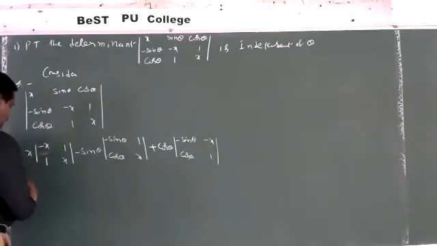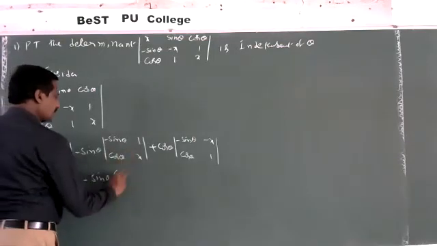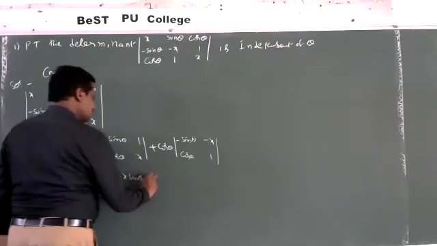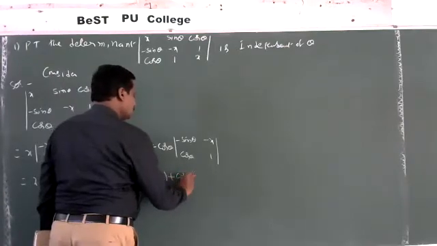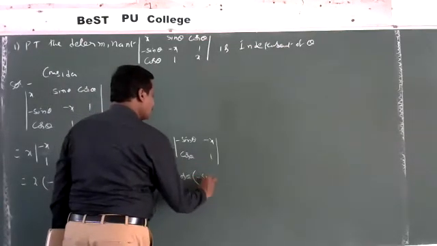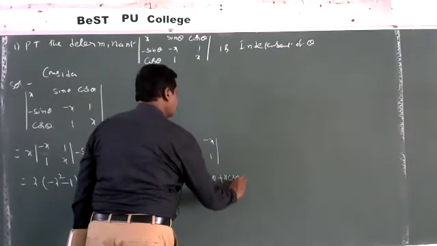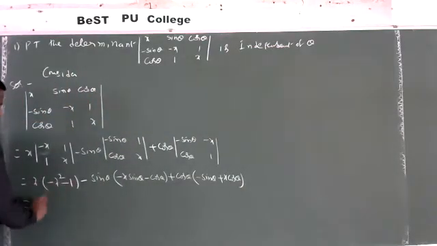Now this is equal to x into minus x square minus 1, minus sin theta into minus x sin theta minus cos theta, plus cos theta into minus sin theta plus x cos theta. From this, if you multiply, it is minus x cube minus x.